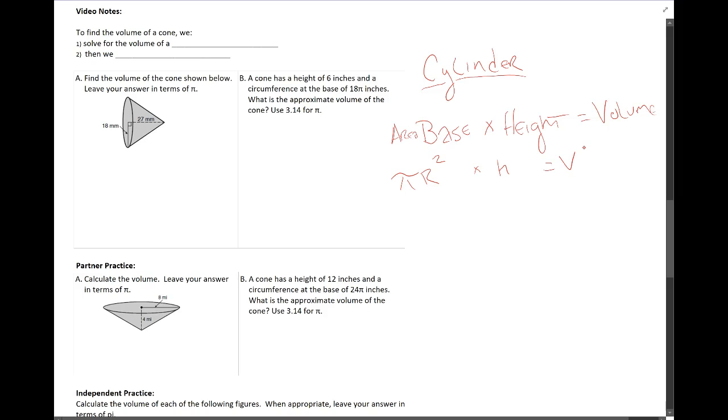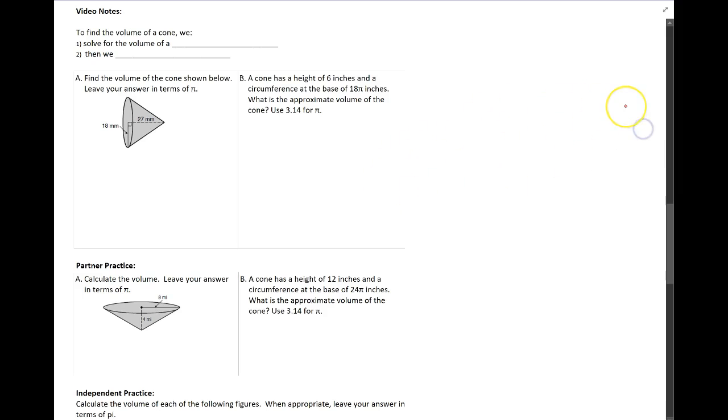So knowing that, today we are going to adapt that a little bit in order to find the volume of a cone. To find the volume of a cone, we first solve for the volume of a cylinder, just like we did yesterday and we practiced up above.